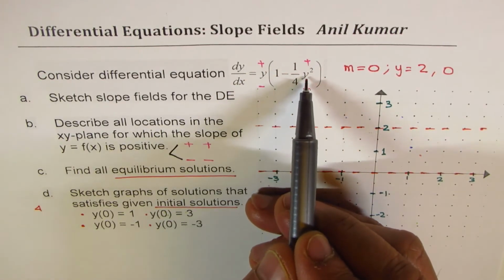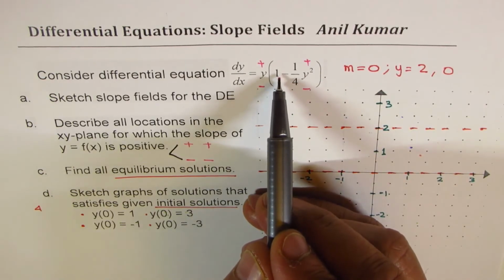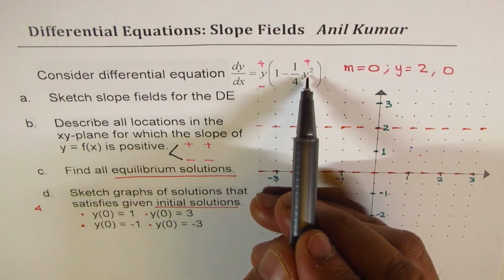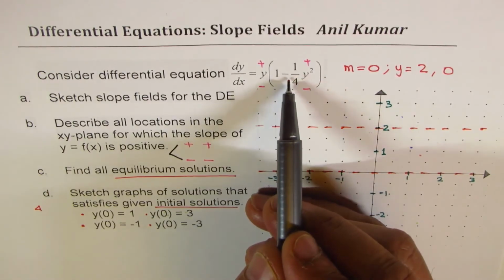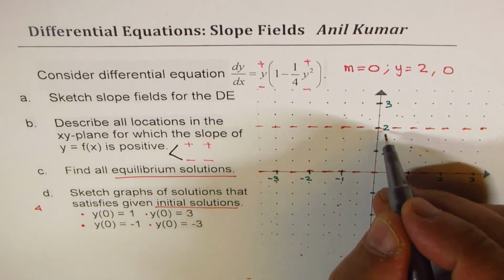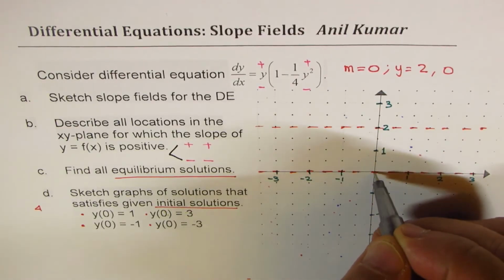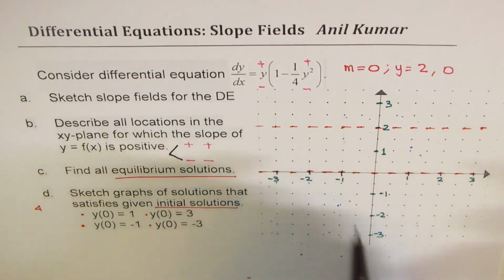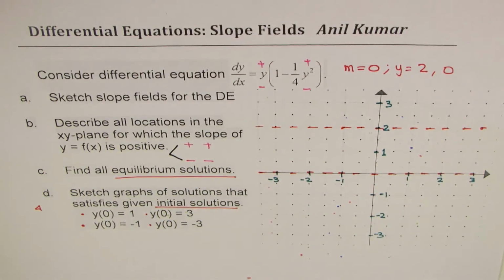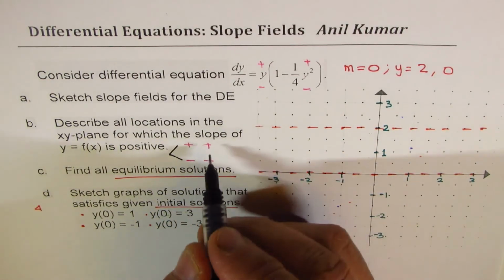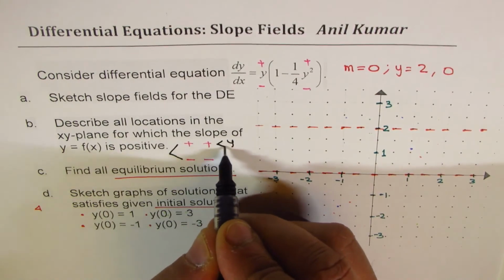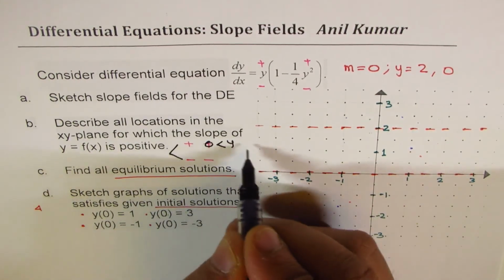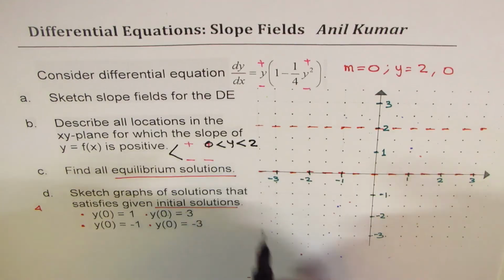That is to say, if I write y equals 2, then it is 0, right? 1 minus, if y value is less than 2, then this is positive. So in this period, it is positive, correct? So the function is positive when y is greater than 0 and is less than 2, correct?